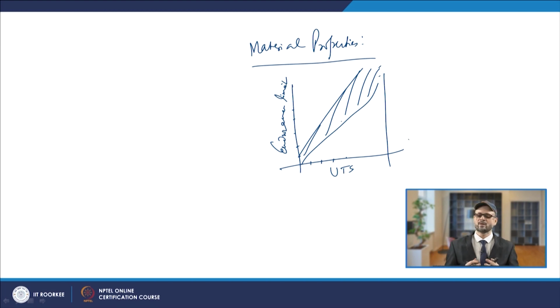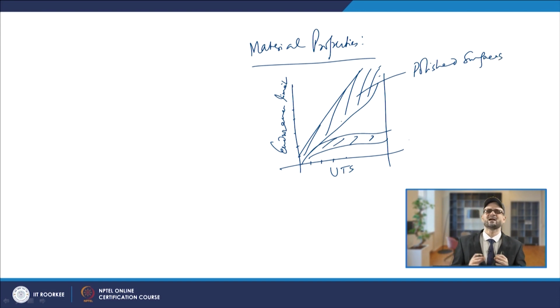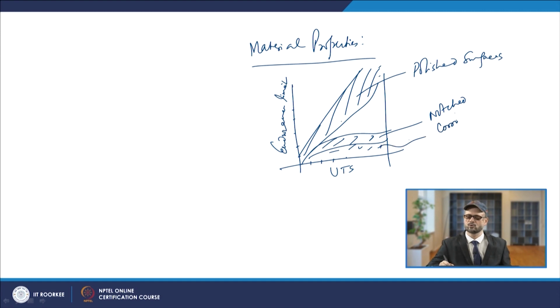When you have notches, it will fall into this region. So when you have polished surfaces, the endurance limit will be approximately half of the UTS value, whereas when you have a notched or corroded specimen, it will fall lower.